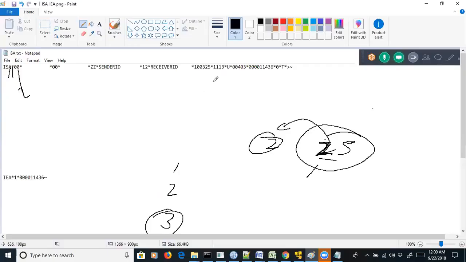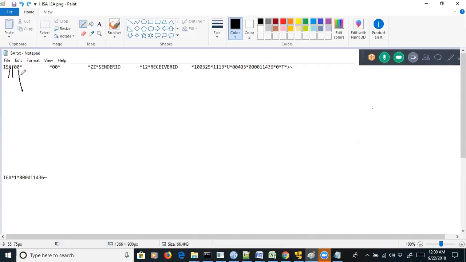In EDI also, in the envelope, you will see a lot of examples of qualifiers. So a qualifier field explains or provides information about the next field, what kind of information it is. So this first field that you see here is nothing but a qualifier. This field provides what kind of information the next field will contain.